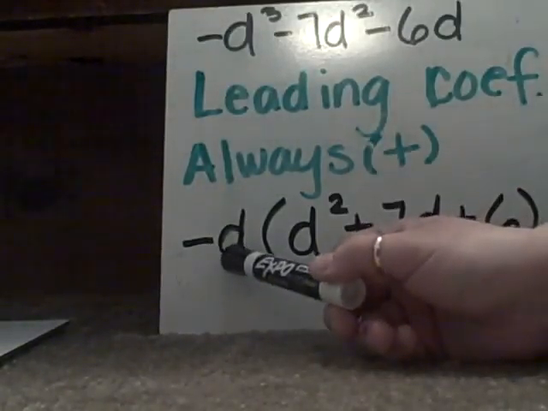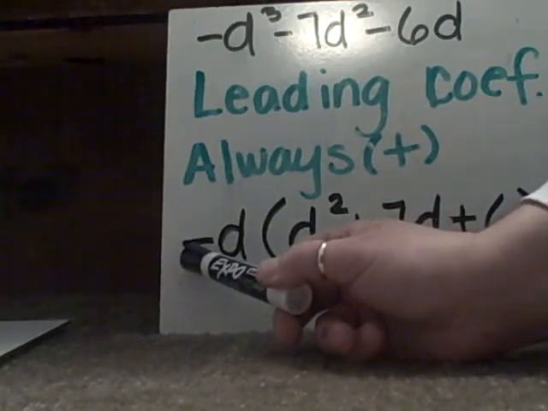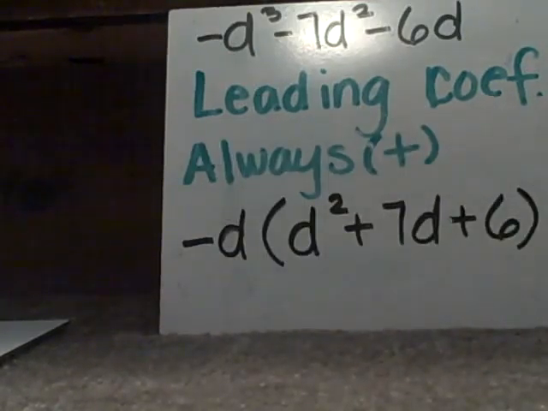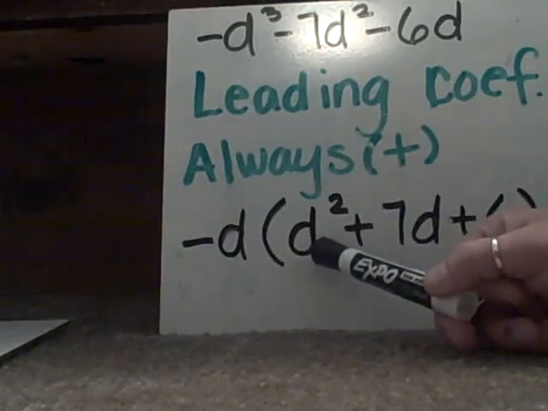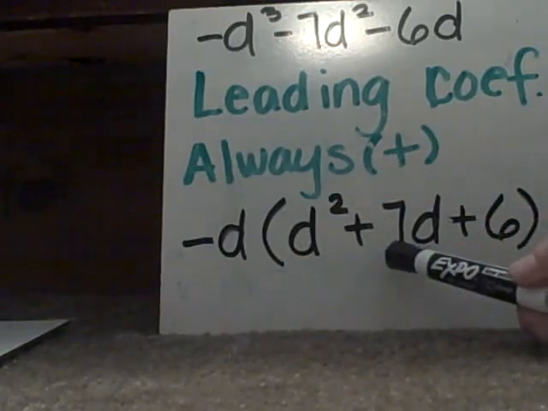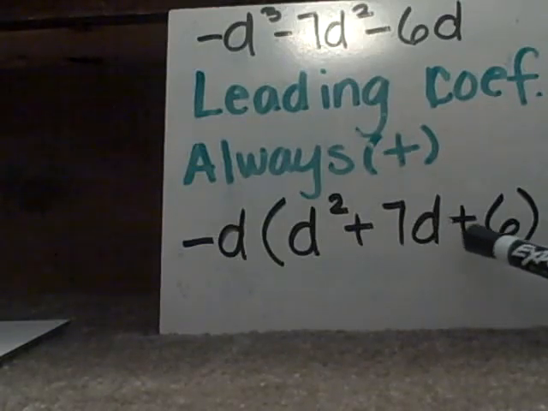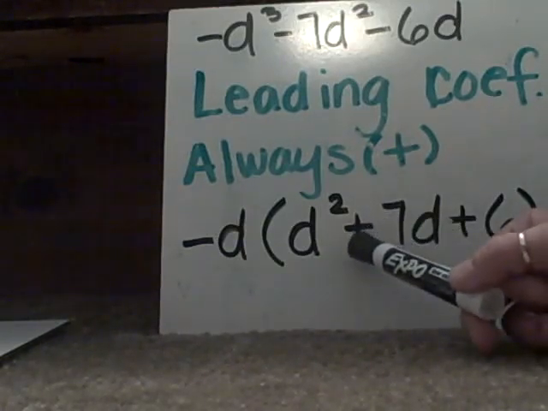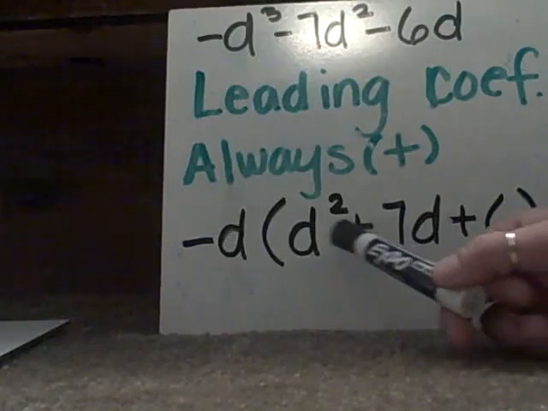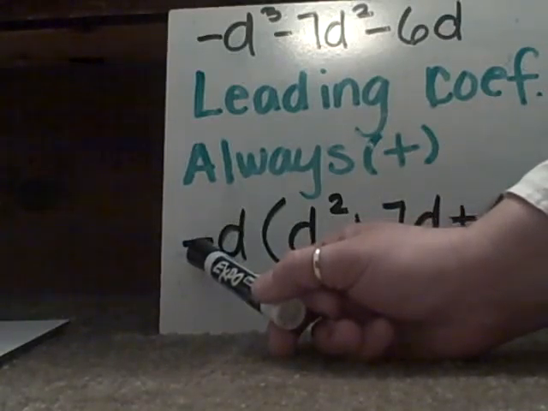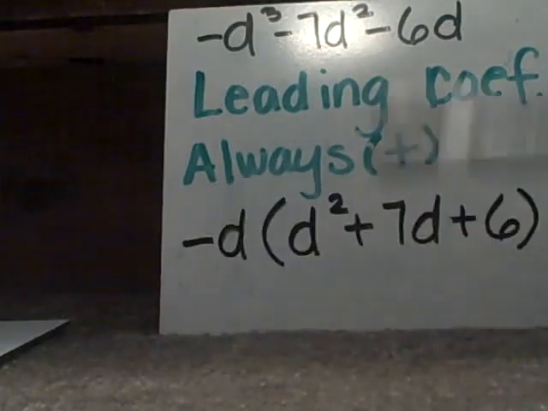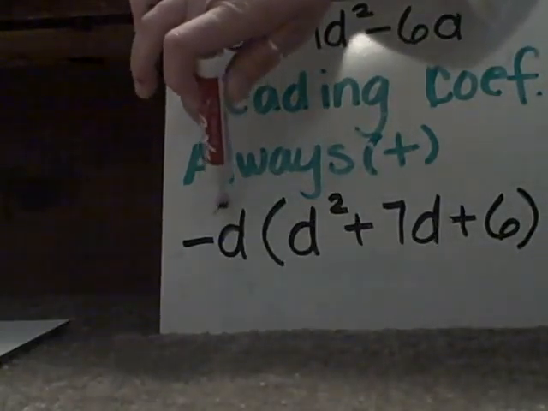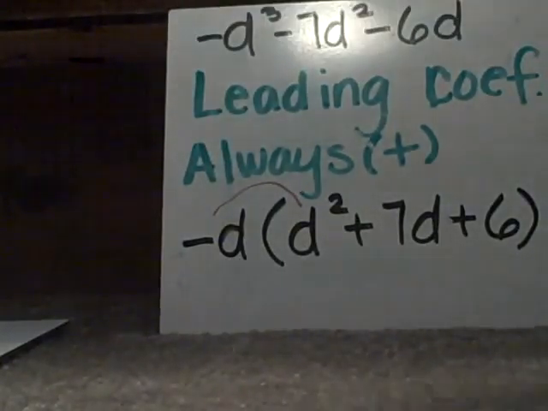So while I'm factoring out that d, I'm also going to get rid of that negative and factor out the negative as well. When I do that, I have d squared plus 7d plus 6. The reason why these two things have turned to positive is because I factored out their negative. Remember, if you distribute, which means you multiply, if I take negative d and multiply it times d to the second power, I'll get negative d to the third power.